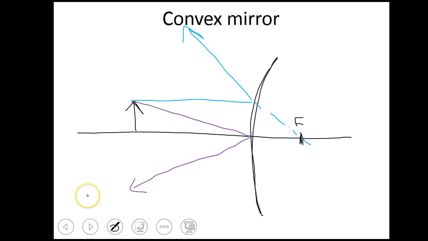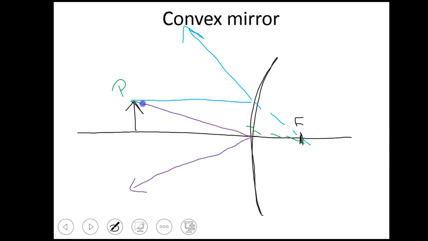Alright, last special ray is the one that goes through the focal point. And so I'm going to kind of lay down my ruler from the focal point to point P here. And I'm going to find that ray that goes through the focal point.